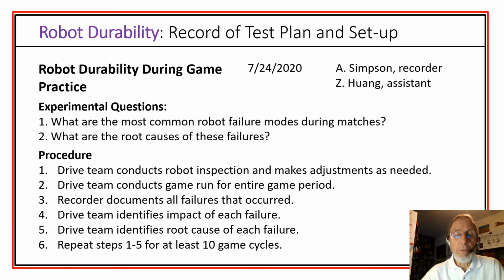And then after the match is over, the drive team identifies the impact of each failure and what they believe is the root cause for each failure. Now we'll repeat the same process for, let's say, 10 different game cycles so that we have enough opportunity to test variability and see what kinds of failures occur. So this is a procedure that we could use.